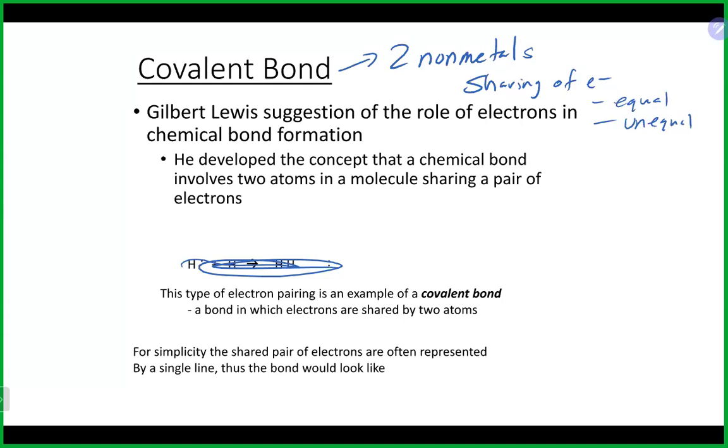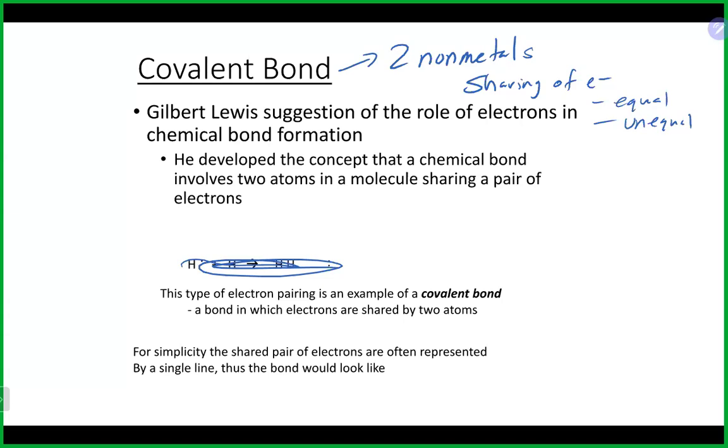So what happens when you get two nonmetals together is neither one wants to give away their electrons, but they both want to pick up the other guy's electrons. The best that could happen is they decide, how about we just share, and we'll all be happy. Neither is going to give away their electrons like the metal did in the ionic compound, where it's like, just take them.